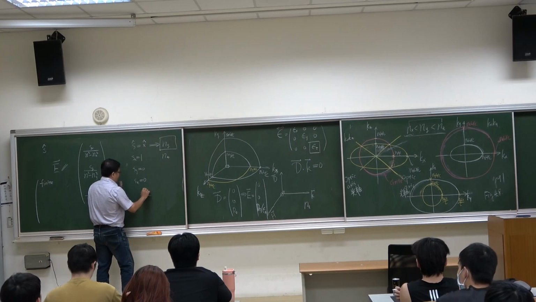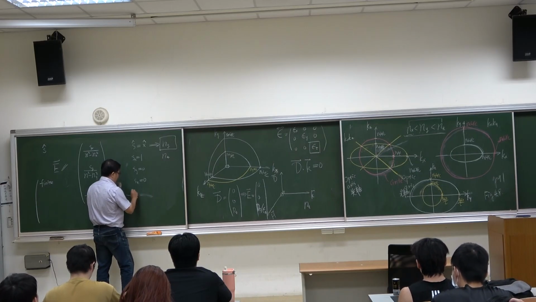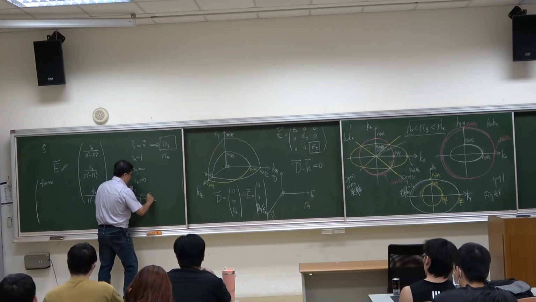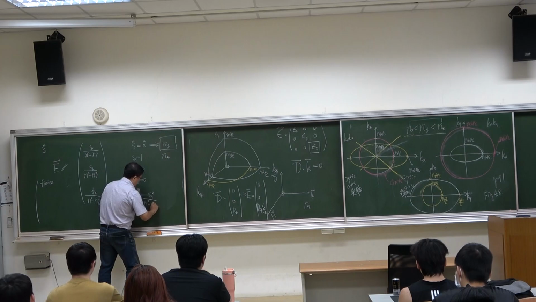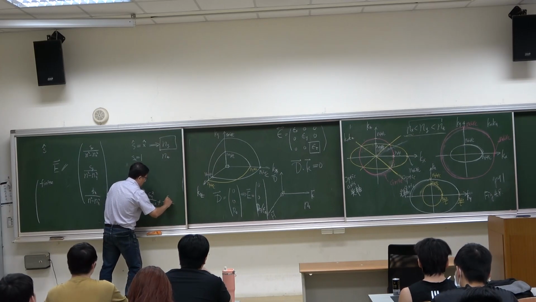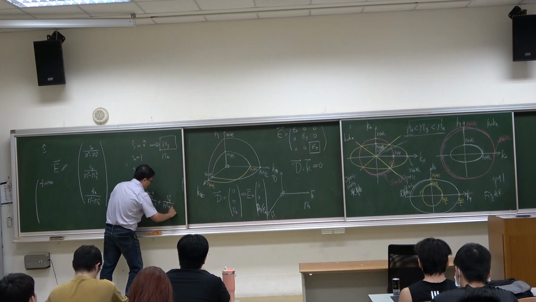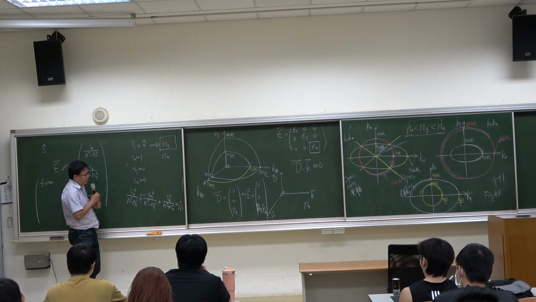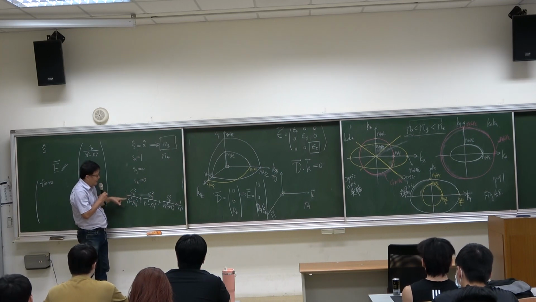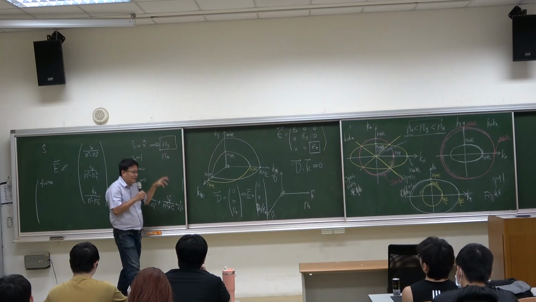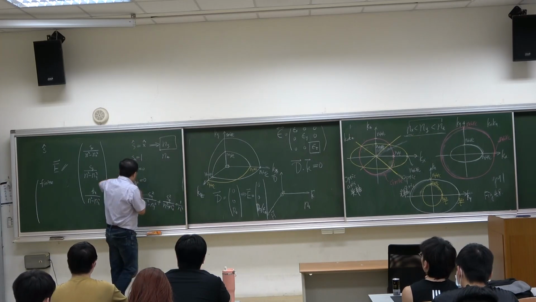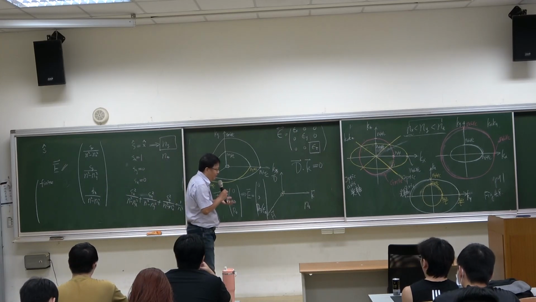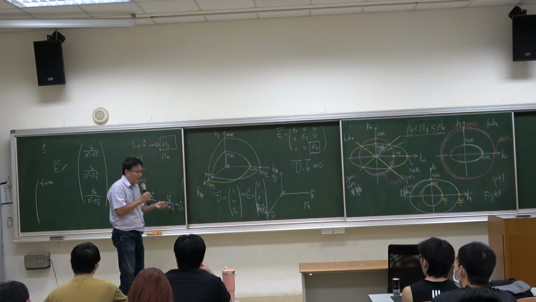I already explained to you that in Fresnel's equation of wave normal, when we consider a very special propagation direction, say along the x-axis, you cannot just naively substitute 1, 0, 0 into this equation. You may get some nonsense result, okay?